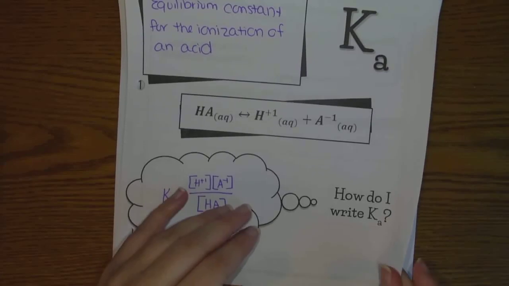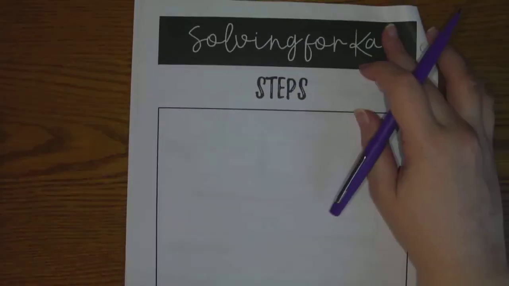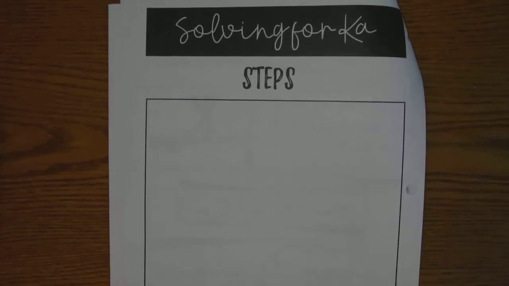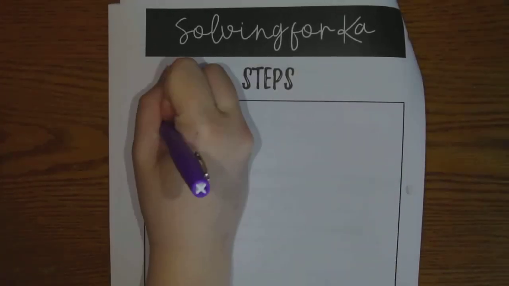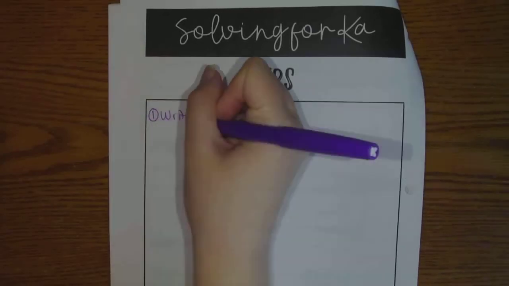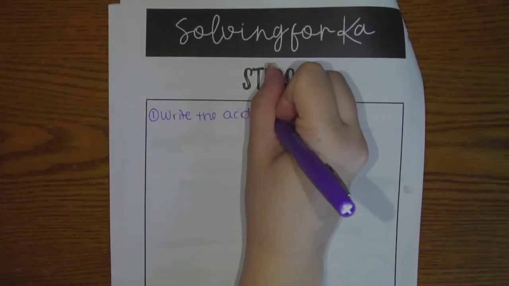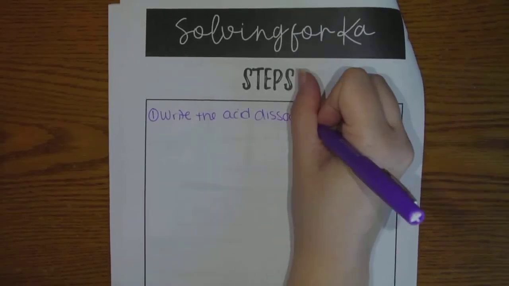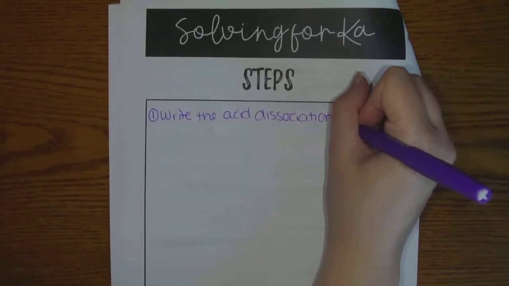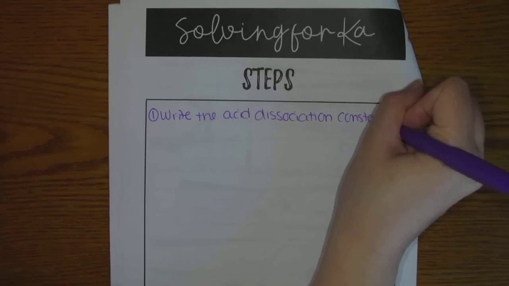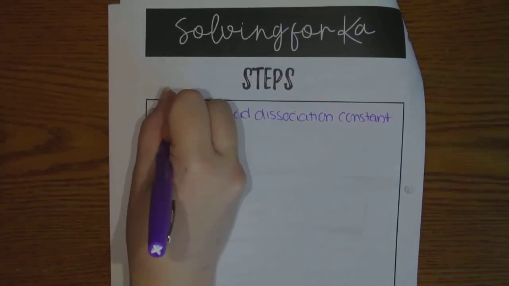Okay, so let's look at how we solve for our Ka. There are some steps we have to go through. It's kind of simple, similar to what we did for solving for Kc. So the first step, we're going to write the acid dissociation constant equation.